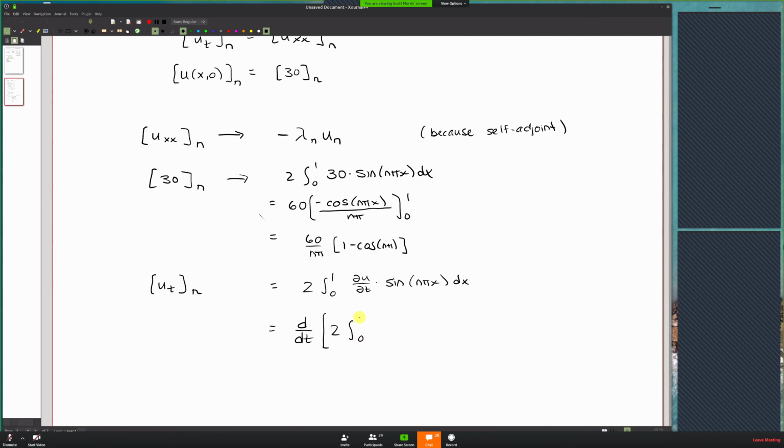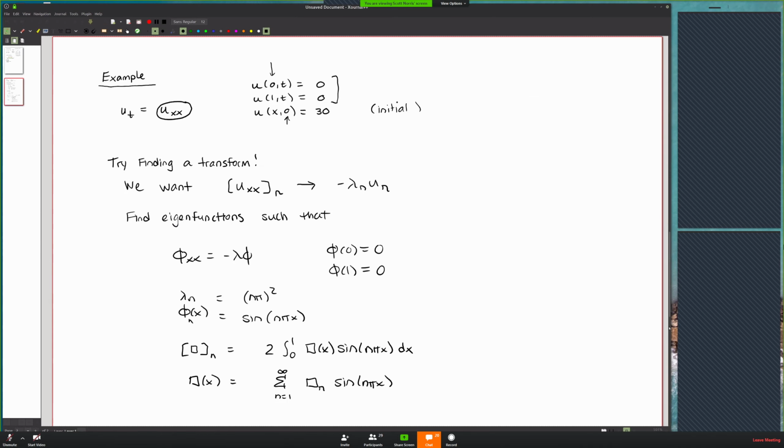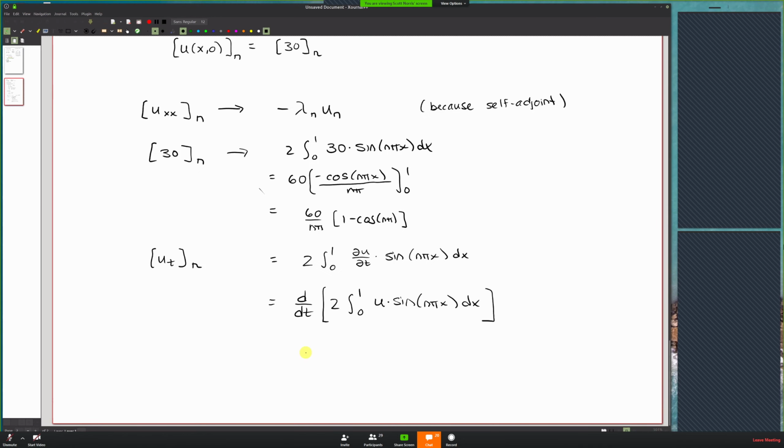And so I have here d/dt of 2 times the integral from 0 to 1 of u times sine n pi x dx. But notationally, what is this thing? What is another way to denote this quantity? What am I doing to u?